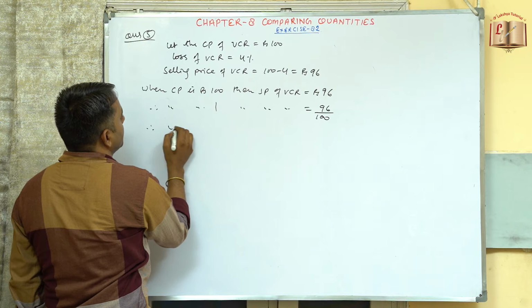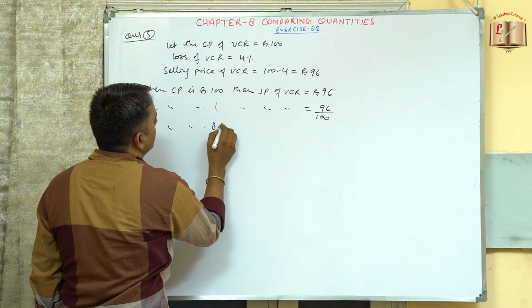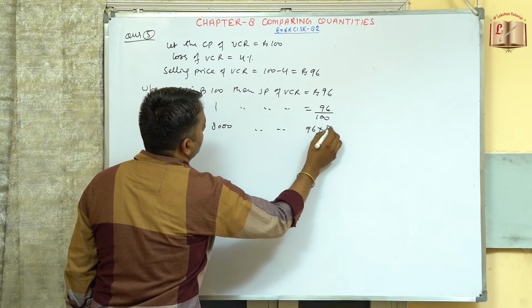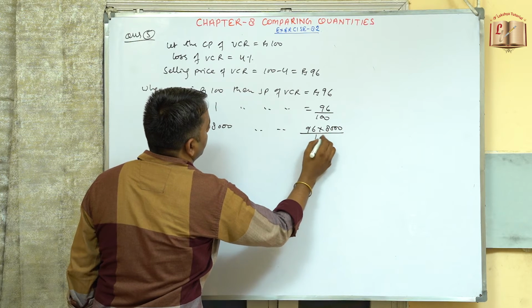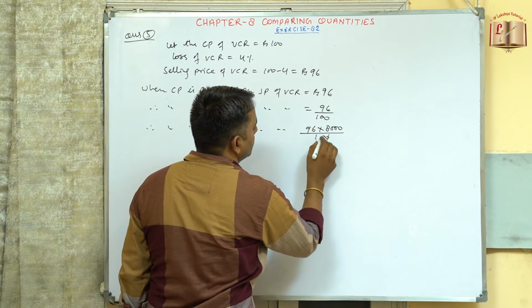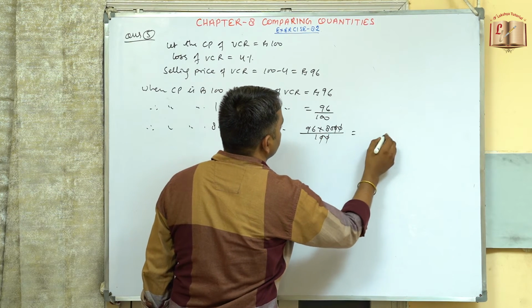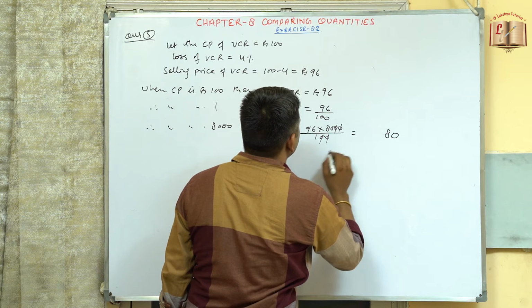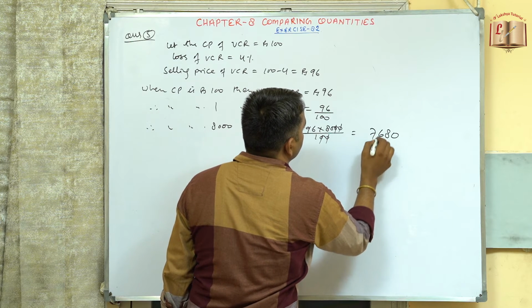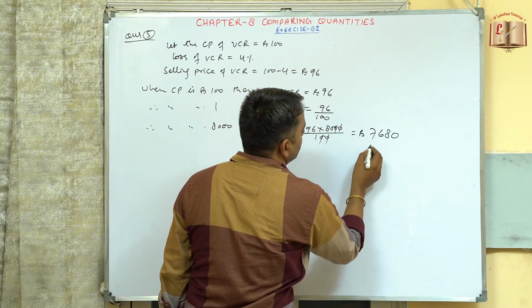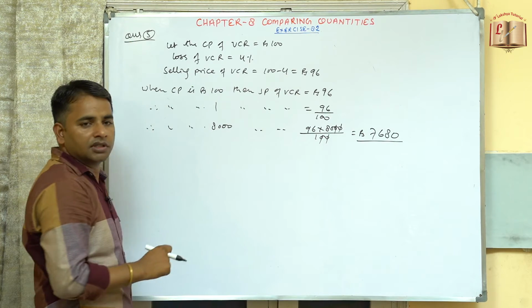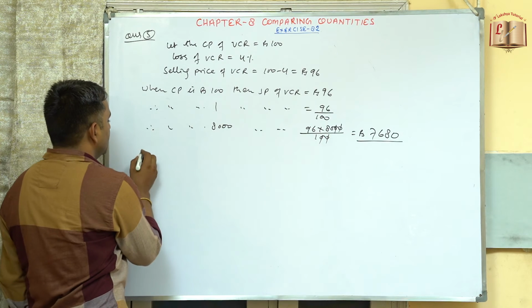So similarly, when CP is rupees 8000, it will be 96 into 8000 divided by 100. So 0 0 0 0 cancelled. So this is now rupees 7680.